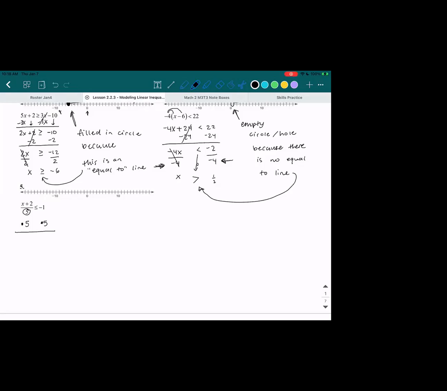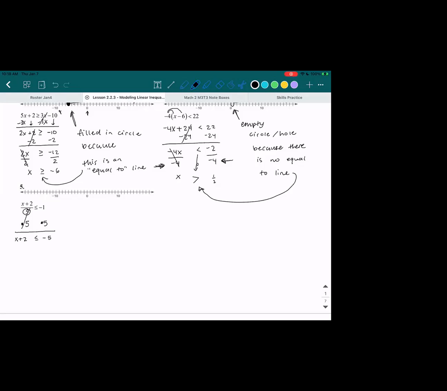That way, our divided by 5 and our multiplied by 5 can cancel out, and that will leave us with x plus 2 is less than or equal to -1 times 5, which is -5. Since we multiplied with a positive number, our symbol stays the same. Then solving for x, it has a plus 2 next to it.